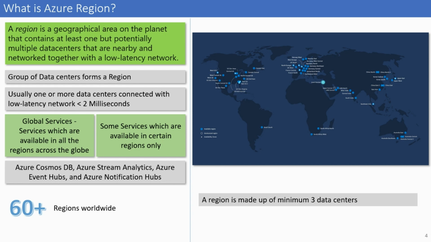Additionally, some services such as Azure Cognitive Services and Azure Machine Learning are only available in certain regions due to compliance or other regulatory requirements. Services like Azure Cosmos DB, Azure Stream Analytics, Azure Event Hubs, and Azure Notification Hubs are also available only in certain regions. So it is important to note that not all services or features are available in all regions. The availability may vary depending on the service and the region.